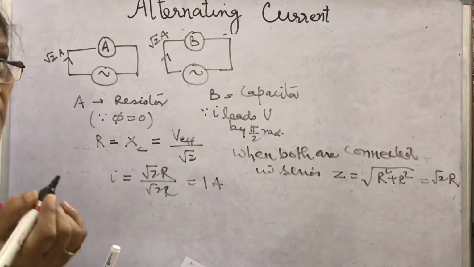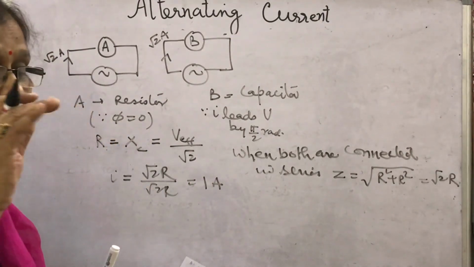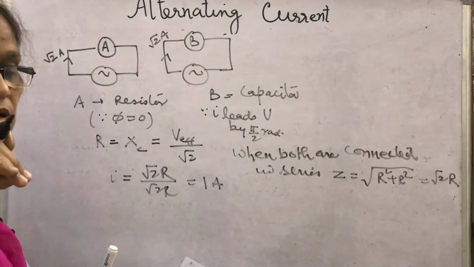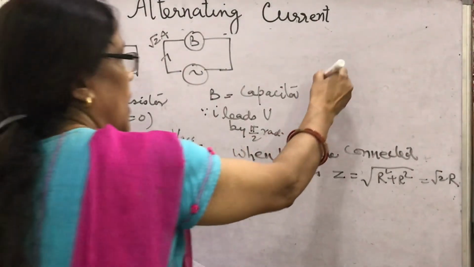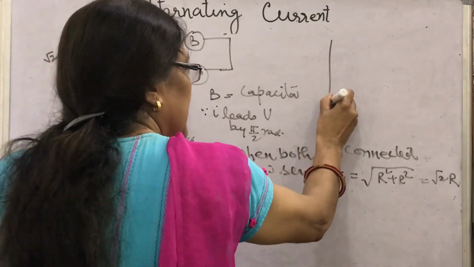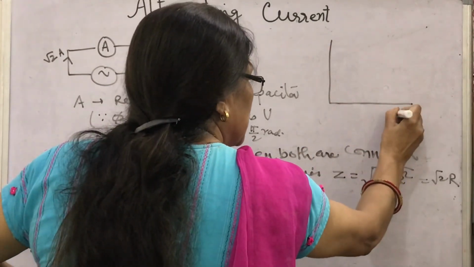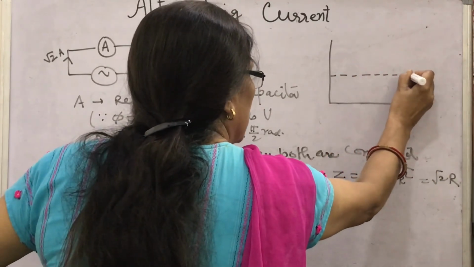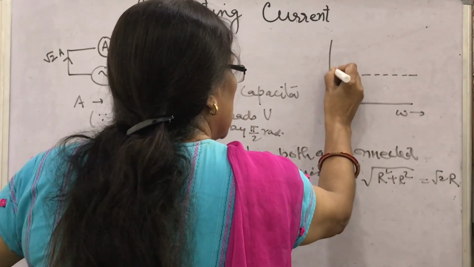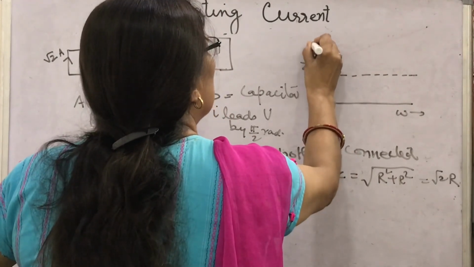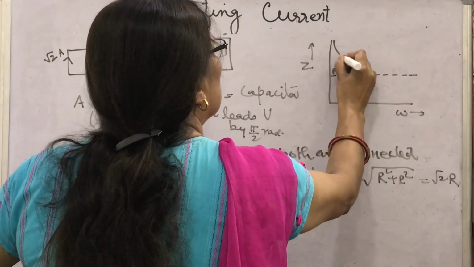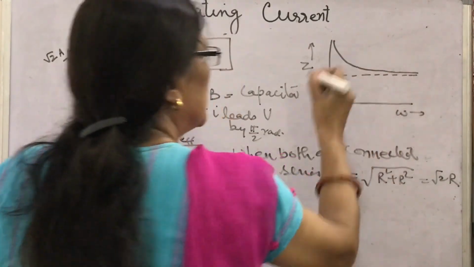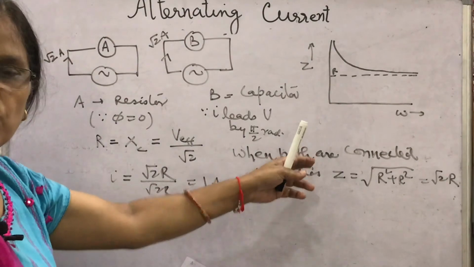If it is also asked to draw the graph between impedance versus omega frequency, how will you plot the graph? Look here, this is omega, this is the value of R, this is Z, then you will find that this will be the graph for Z versus omega.